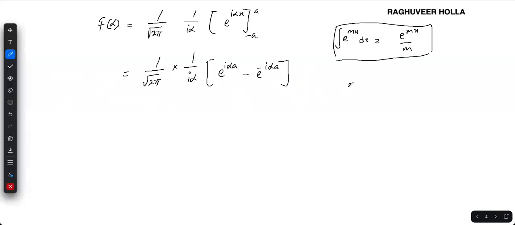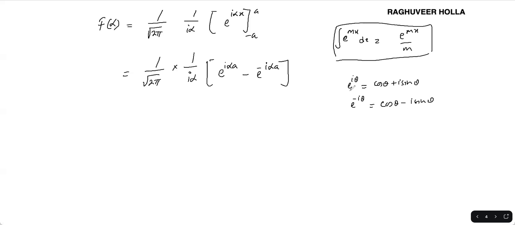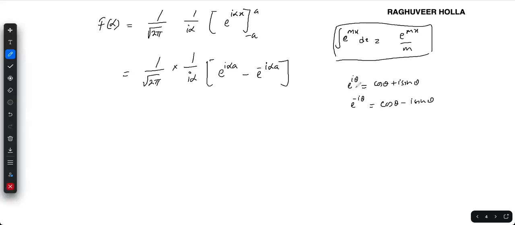Now using the identity, e to the power of I theta is cos theta plus I sin theta, and e to the power of minus I theta is cos theta minus I sin theta. So you have e to the power of I theta minus e to the power of minus I theta, which is 2I sin theta.